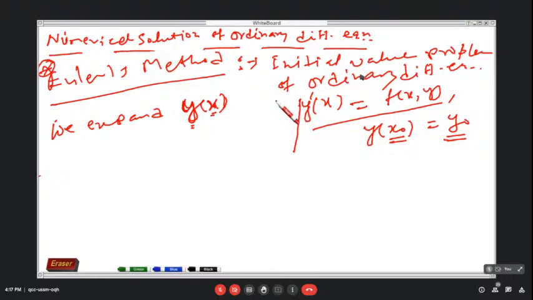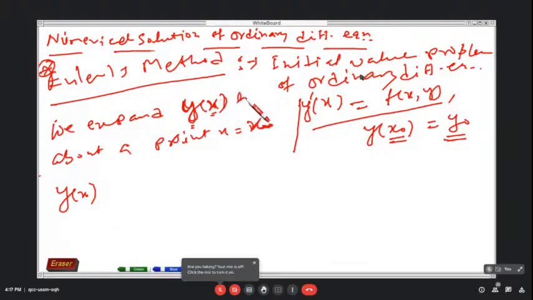We expand y of x about a point x is equal to x0, in a Taylor series.